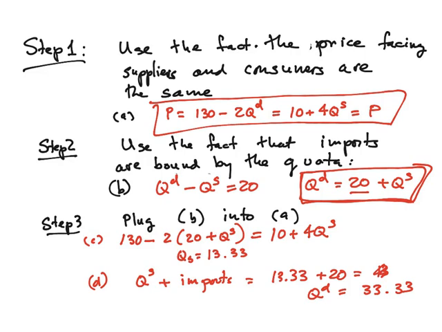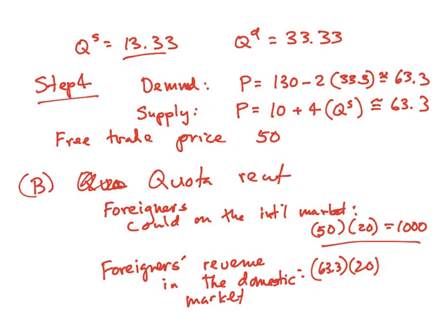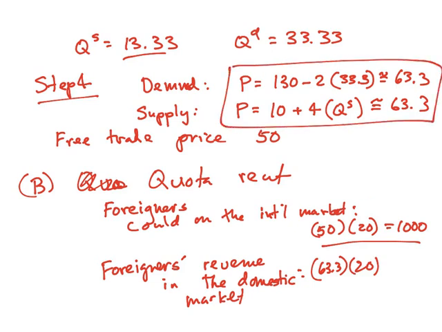Recall, I guess it's here. If they sold the same amount in the domestic market, they can earn $1,266.66.